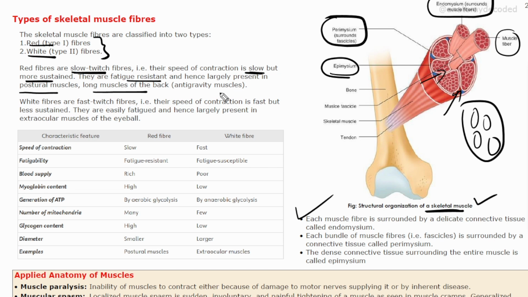Then there is a type of muscle fiber referred to as white fibers. Those are fast twitch fibers. The speed of contraction is fast, but they get fatigued easily. They are largely present in the extraocular muscles of the eyeball. Different features of the red and white fibers are seen in this table. You can just read it.